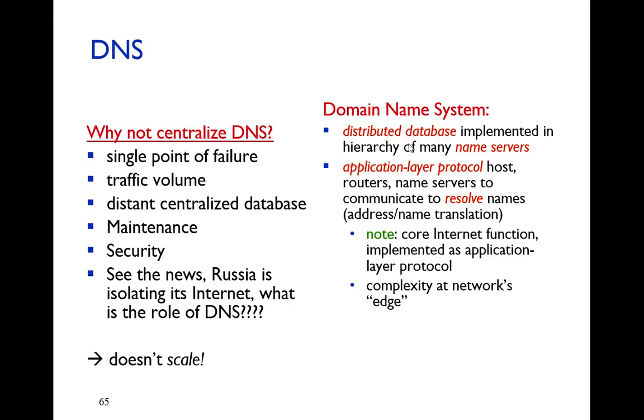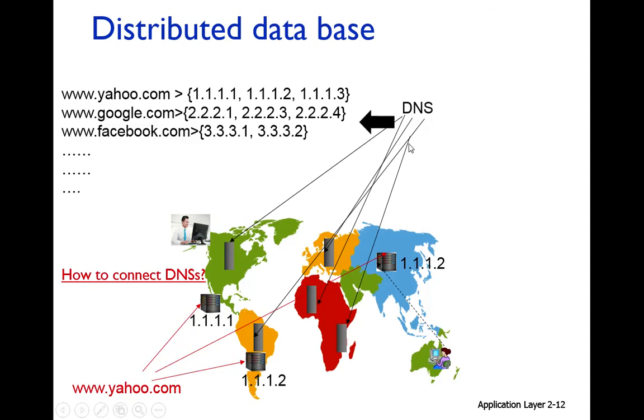If there is a distributed database, it means that there are multiple DNS servers. For example, one is here, one is here, one is here, one is here, and one is here. If there are multiple DNS servers, then how are they connected with each other, how do they coordinate, and how should the user know whether to get the name from here or from here?